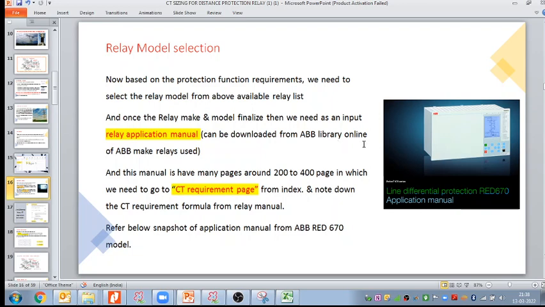This manual has around 200 to 400 pages, so there is no need to go through all 400 pages. Go directly to the CT requirement page from the index and note down the CT requirement formula from the relay manual. Let us go and download it.